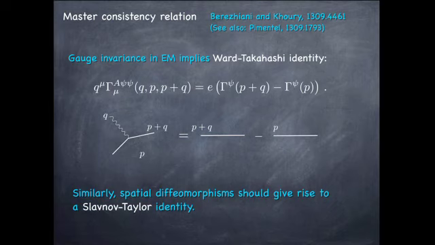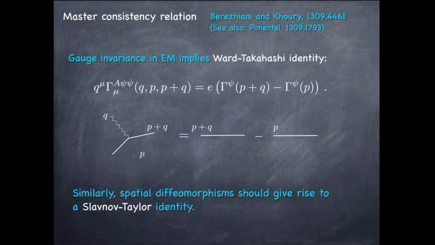And you know that in E&M, gauge symmetry relates vertices. In particular, the 3-point vertex involving a photon and fermions is related to the fermion propagator when you contract with the 4-momentum of the photon. Okay, so this follows directly from the gauge invariance of the theory. It's known as the Ward-Takahashi identity.